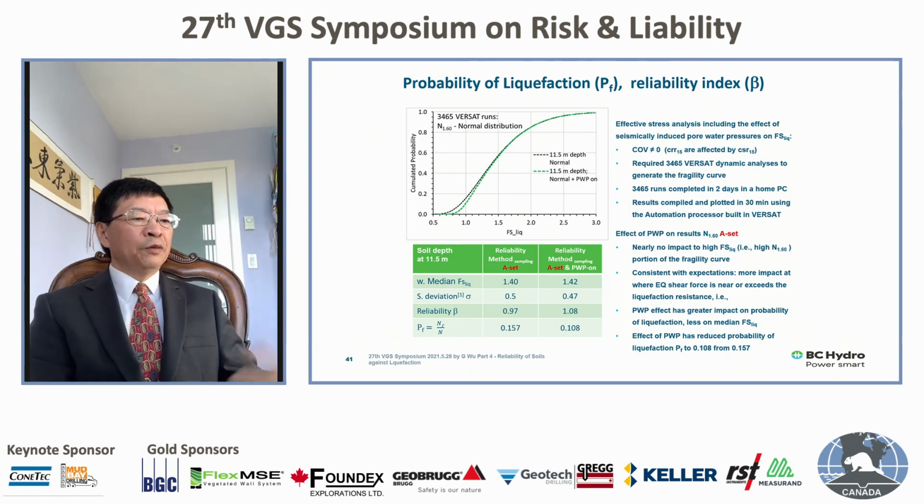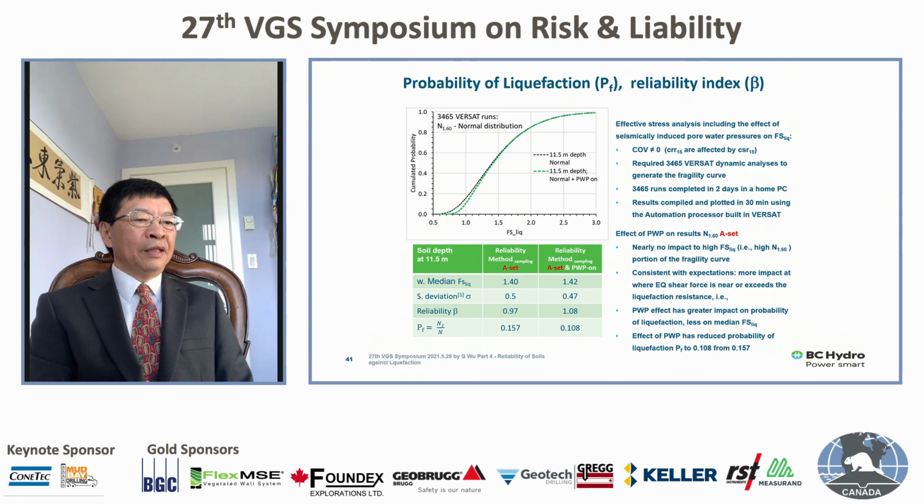Now for this biased set B N160, if you actually turn on the pore pressure in the analysis, meaning you are doing an effective stress analysis, then you will have a COV that is not zero, meaning the load and the capacity are inter-affected. In this scenario, you will need to run 3,465 runs in Versat.